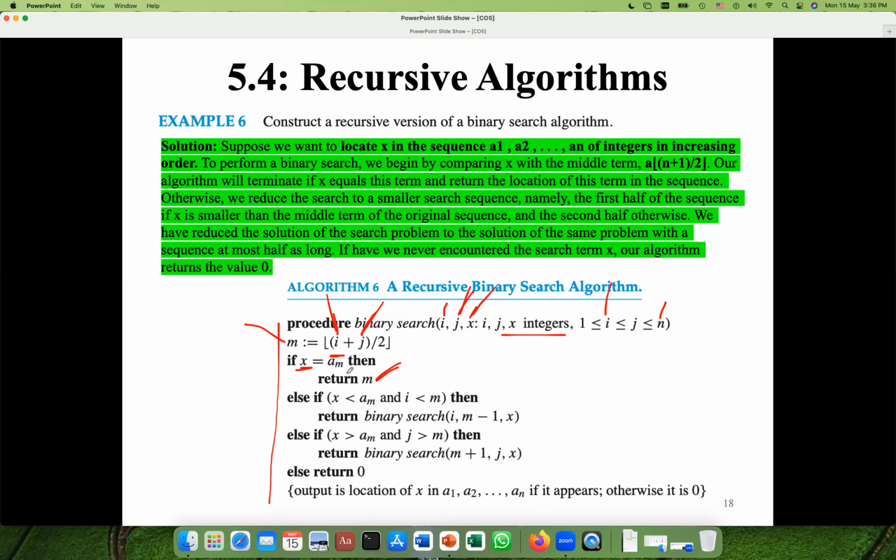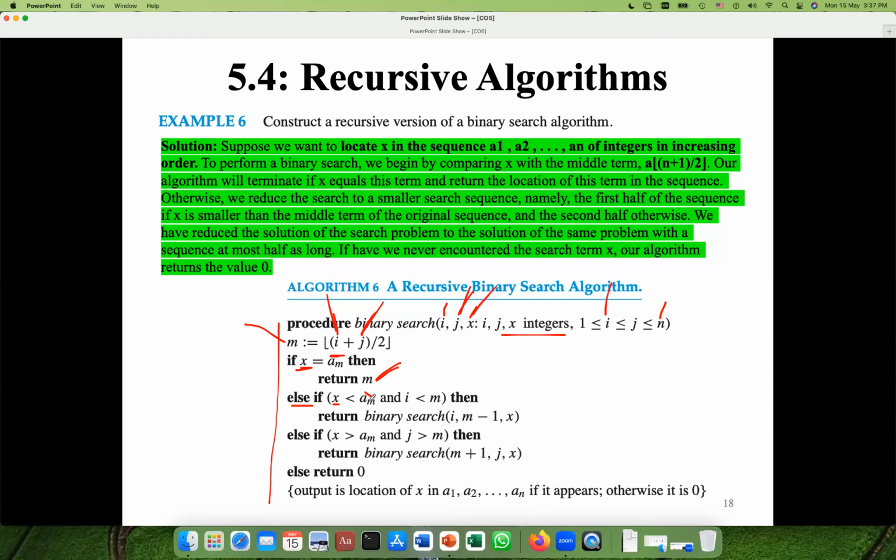Now, if it is not the case, if our element X is not equal to the middle element of the array, then else if, we check whether element X is less than the middle element of the array. M is the position of the element of the array. So this is the sequence you can consider.